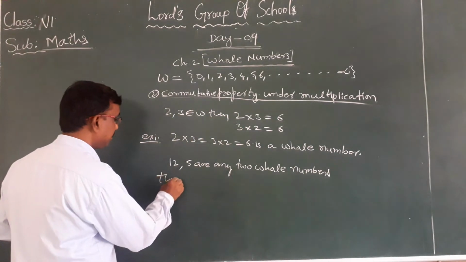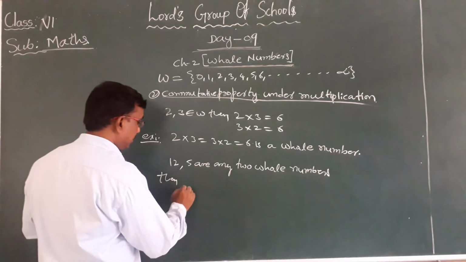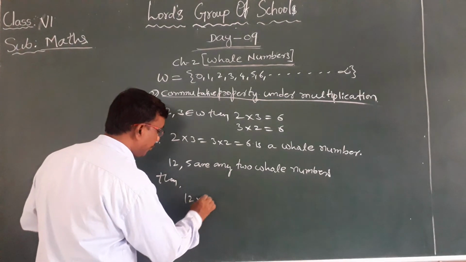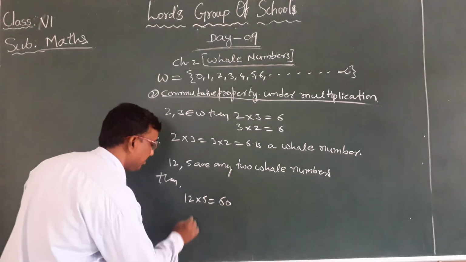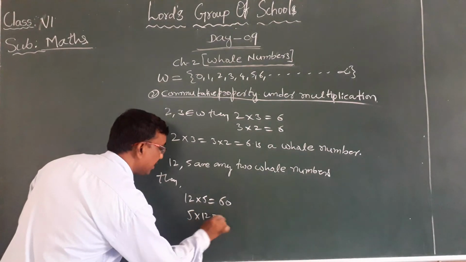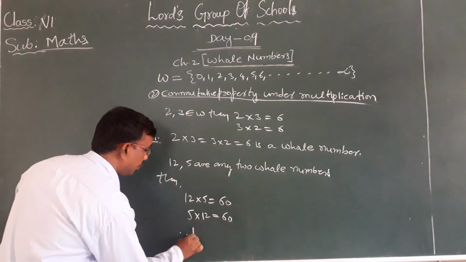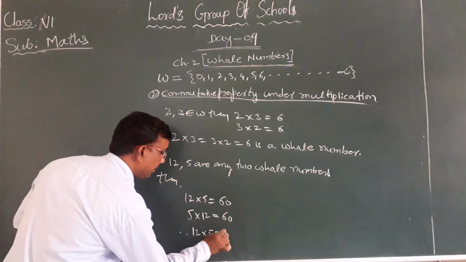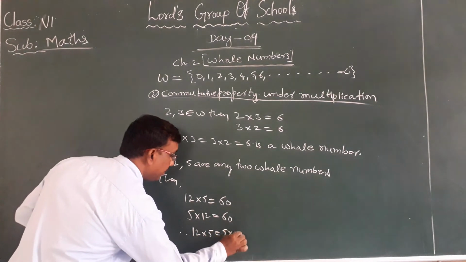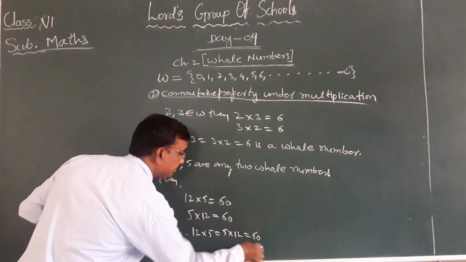Then 12 into 5 is 60. Similarly, 5 into 12 is also 60. Therefore, what can we write? 12 into 5 or 5 into 12 will be the same, that is 60.